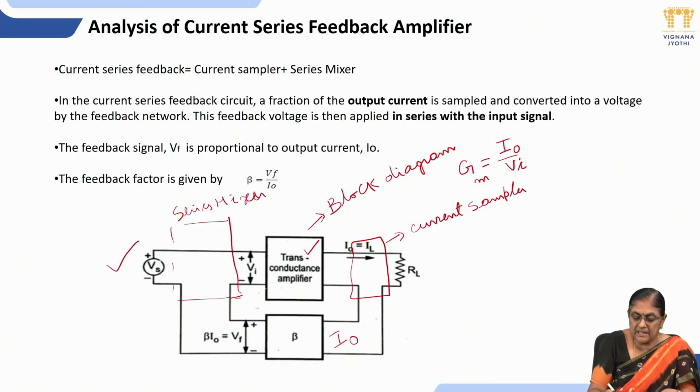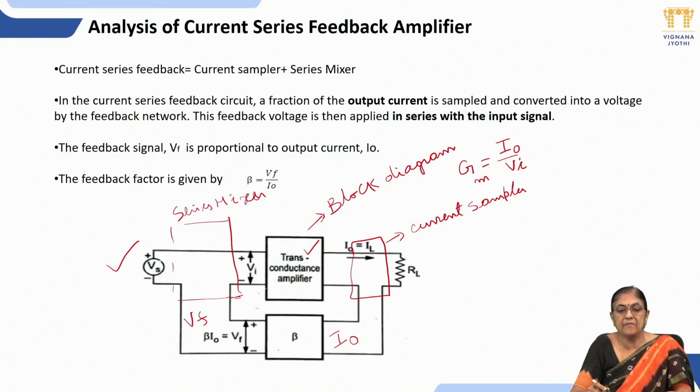The signal present at the output terminals of the feedback network is Vf. Once you identify input and output of the feedback network, you can easily find the gain of the feedback network, or feedback factor. Beta is equal to the ratio of output of feedback network to input of feedback network. Output of feedback network is Vf and input is I naught. Therefore beta is equal to Vf by I naught.